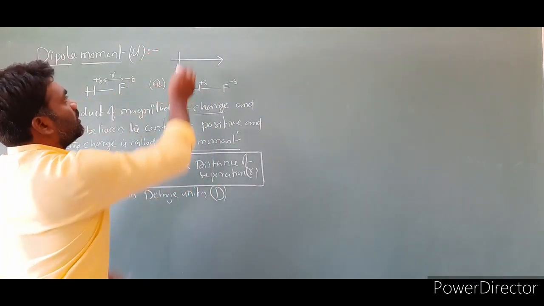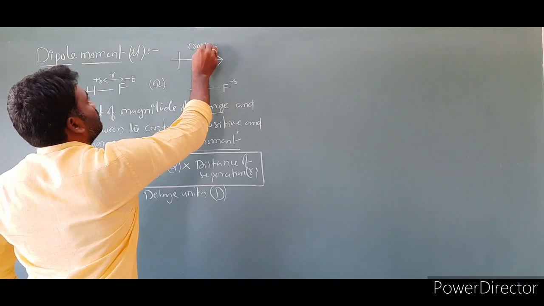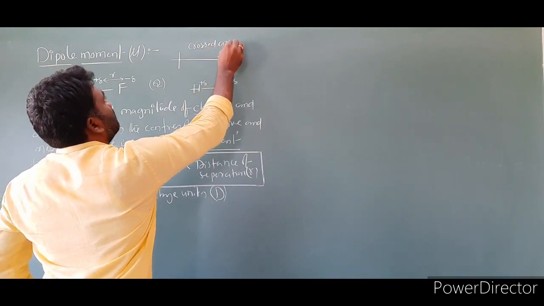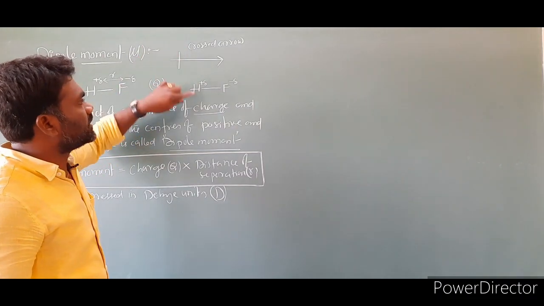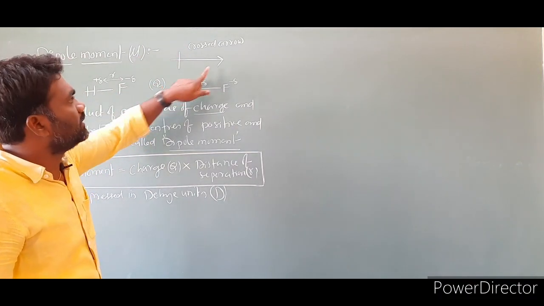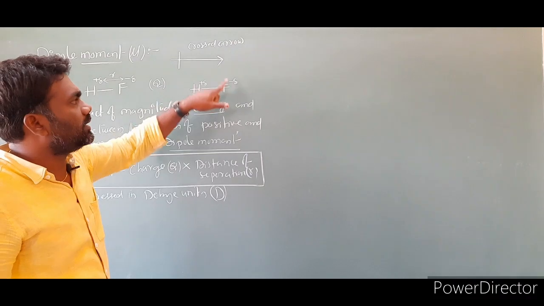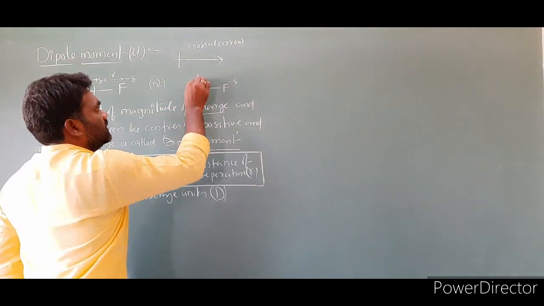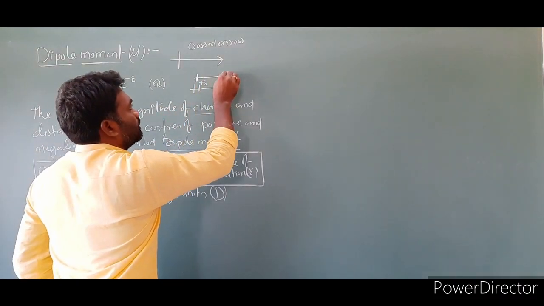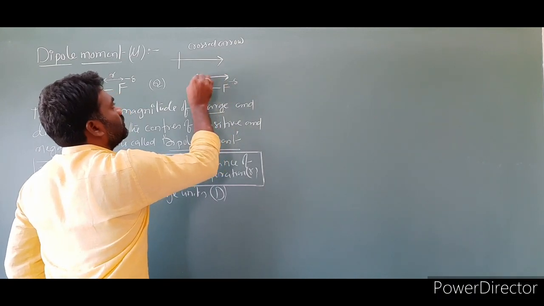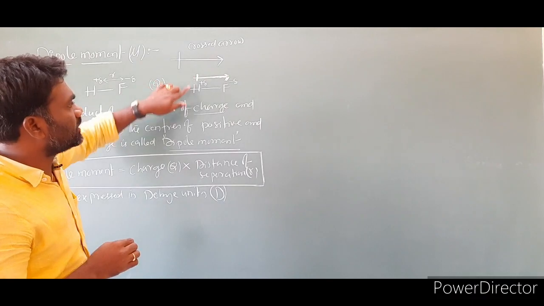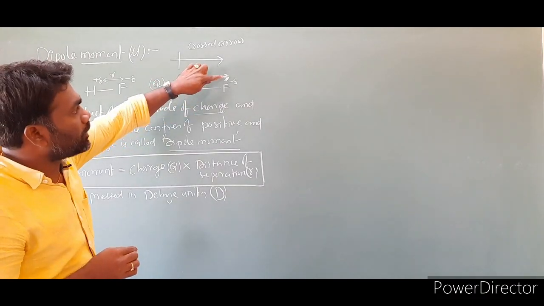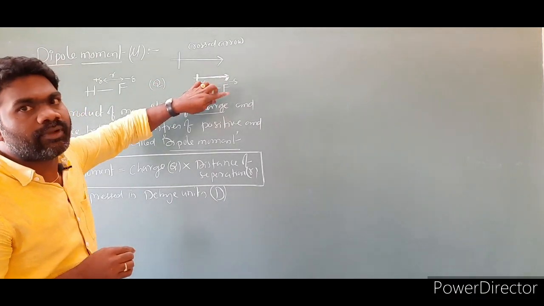So this is a crossed arrow. This cross is on the positive and we have to place an arrowhead on the negative end like this. Like this we have to show the dipole moment. So the cross is on the positive end, the arrowhead is on the negative end.